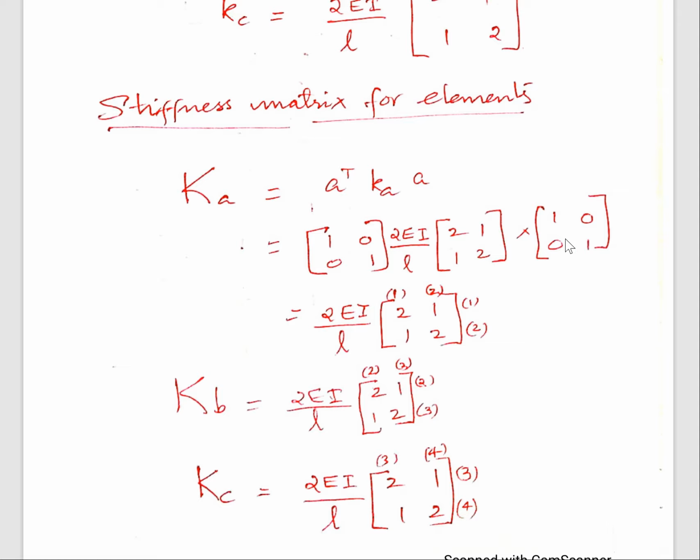When you multiply all these three, we get 2EI by L, 2 1 1 2. For all these three elements, the A matrix and small k matrix are same.